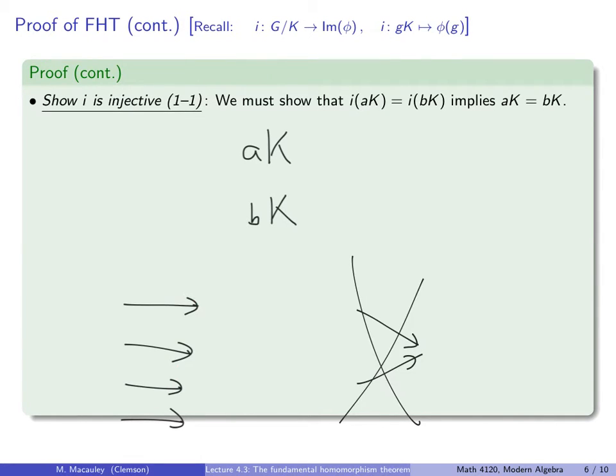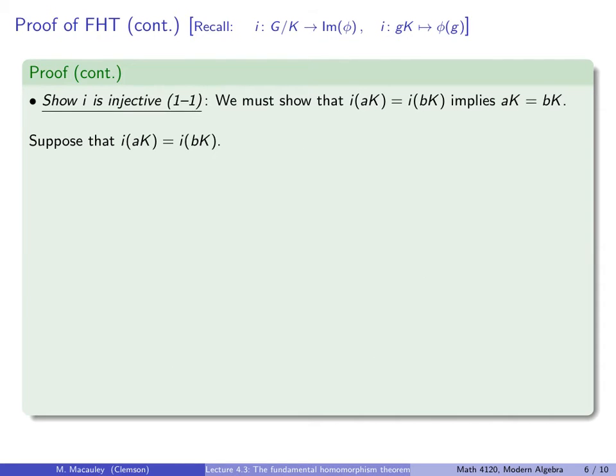That is not allowed. So that means that if AK and BK get mapped to the same element, in other words, if I of AK equals I of BK, well, then these elements must have been the same to begin with. So AK and BK have to be the same. So that's what we'll show. So to start, suppose that I of AK equals I of BK.